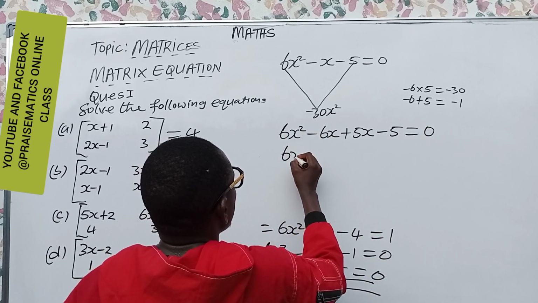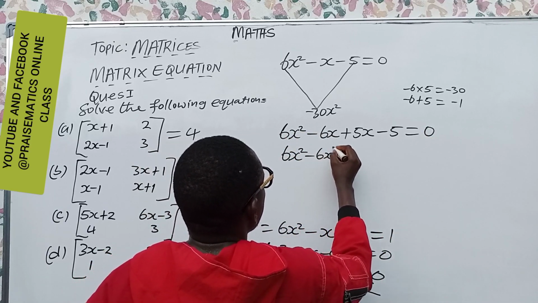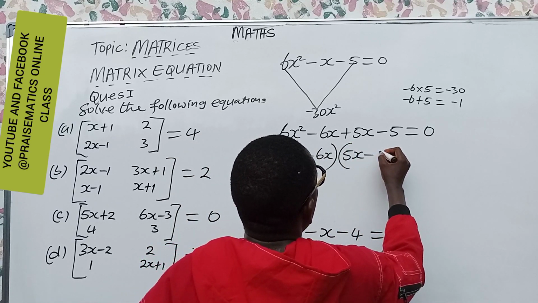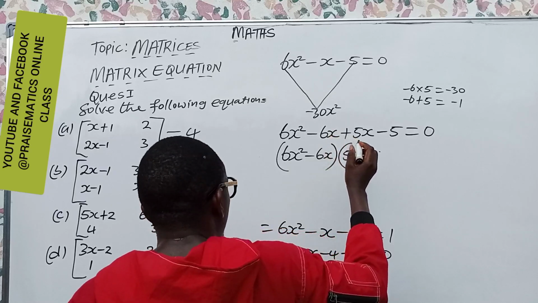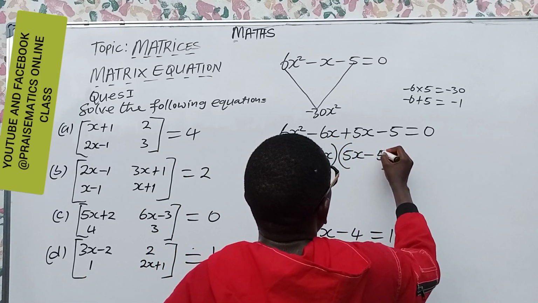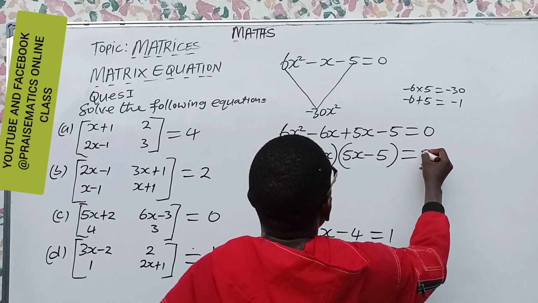Partition them, which is 6x squared minus 6x, into bracket 5x minus 5, all equal to 0.